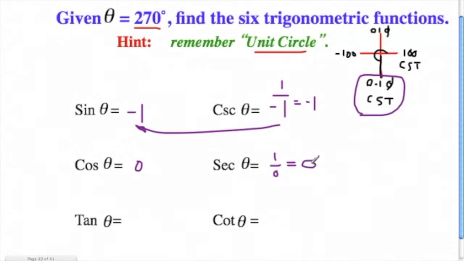We call that undefined. Okay? Now when we do tan, if you look over here, tan is undefined. Cot is 1 over that, so it's 1 over undefined, and that equals 0. Okay.